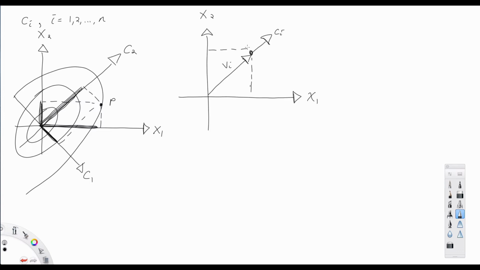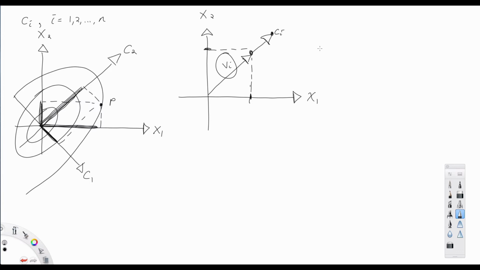Suppose that we are looking at an eigenvector of matrix A, vi, and we are visualizing it in the x1, x2 space, and we can express it in terms of the x coordinates. But then suppose we have a position ci along this ci coordinate axis that is aligned with the coordinate system.